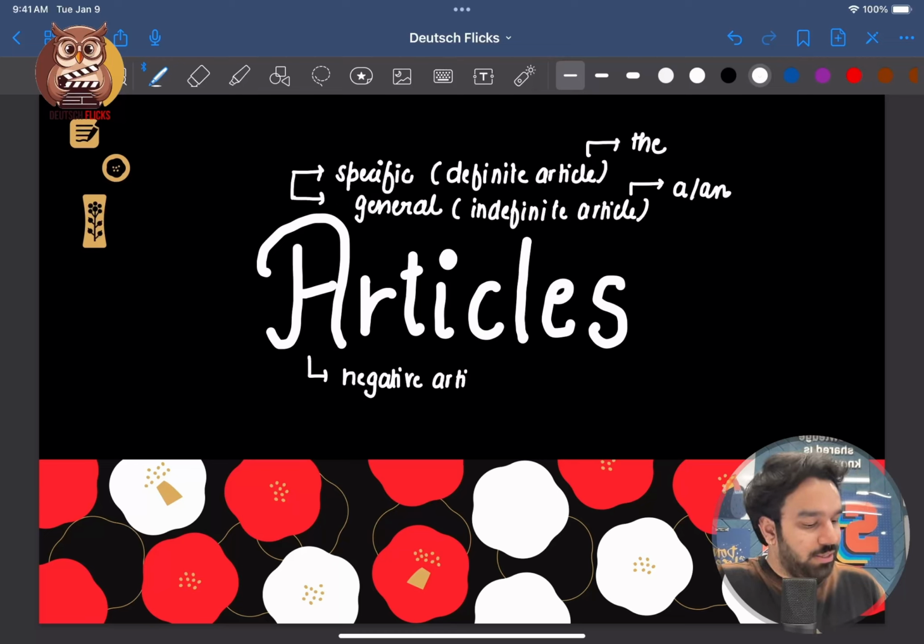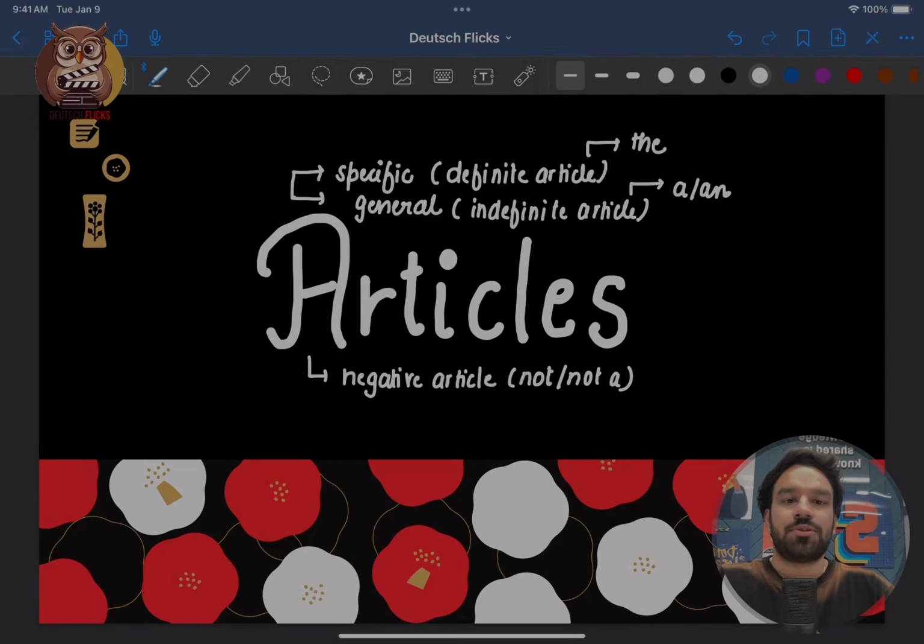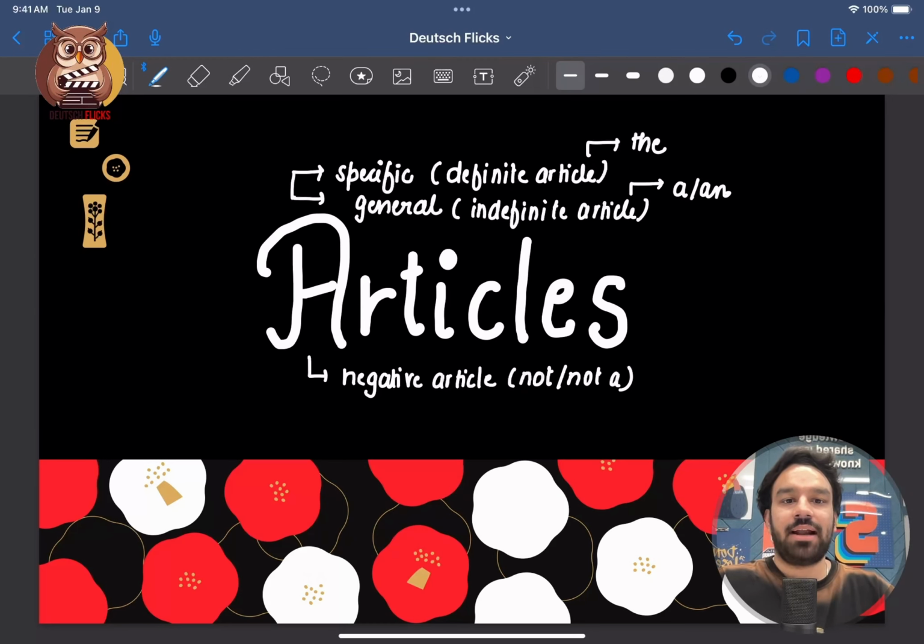So negative articles are used to negate a sentence. You would negate your sentence with not or not a. Now let's take a look at these categories one by one.